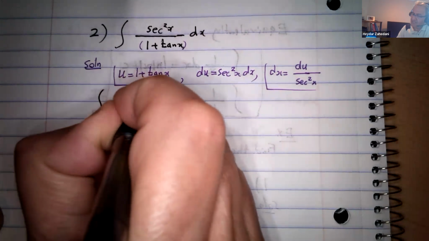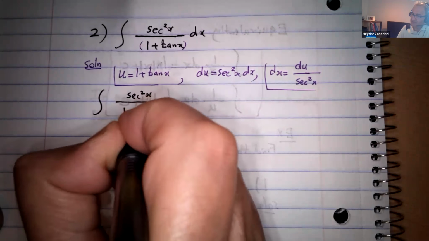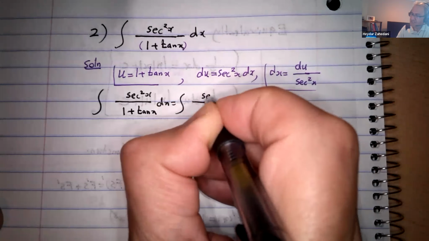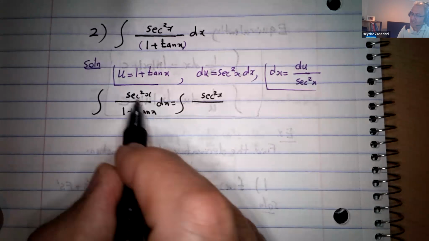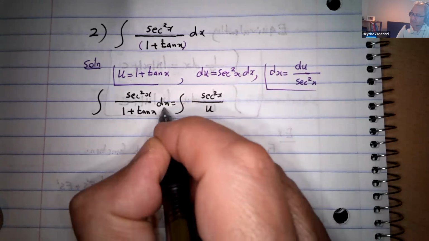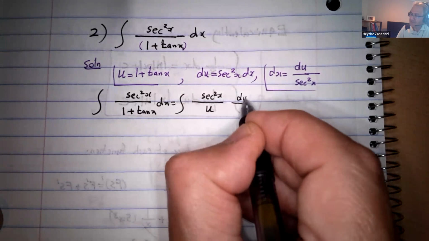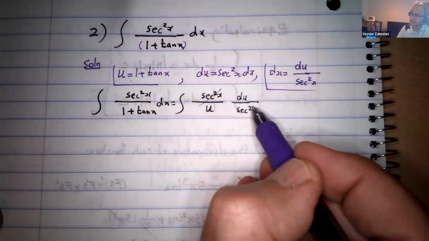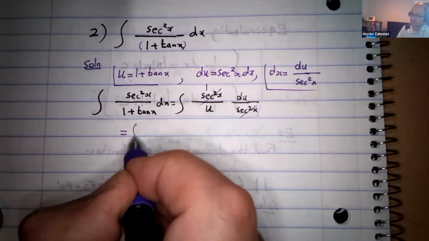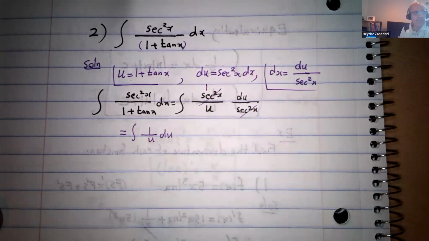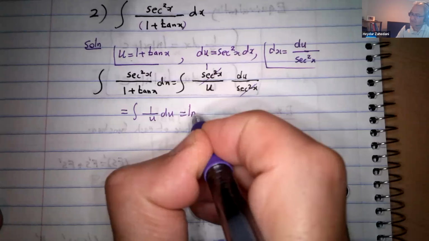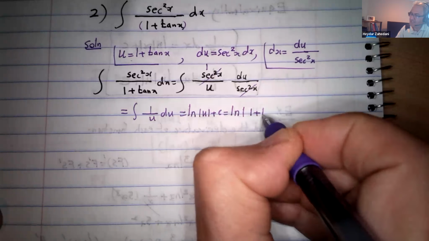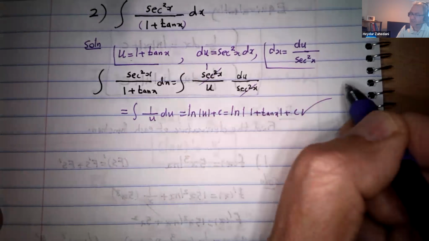Integral of secant squared of x, I rewrite it, over 1 plus tan x, is going to be equal to, we don't have anything for the secant squared of x, don't worry. 1 plus tan, we already called it u. And the dx is du over secant squared of x. So these two would cancel out. The top would be just 1, so it's the integral of 1 over u du. And you know that this is going to be ln of the absolute value of u plus c. What is u? 1 plus tan x plus the constant c, and you're done.